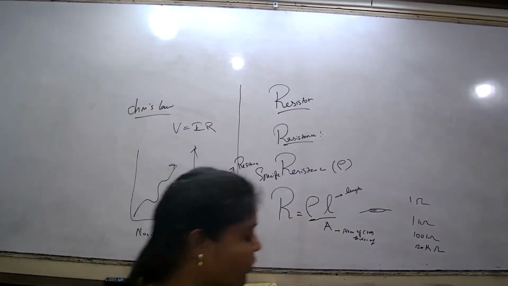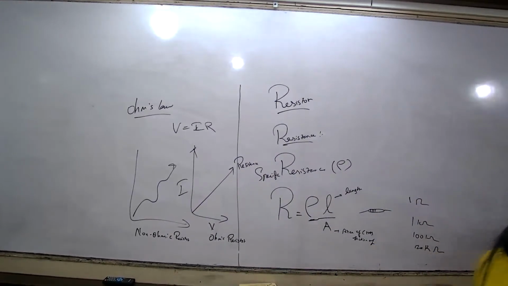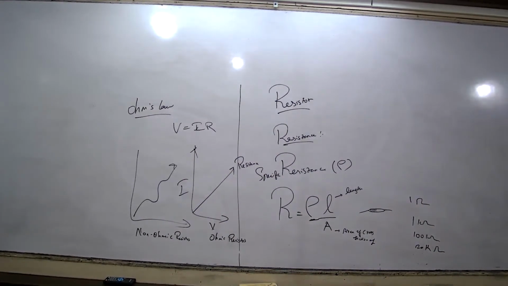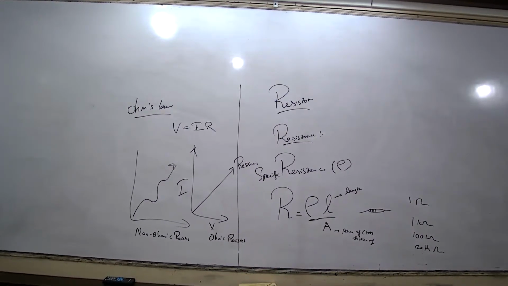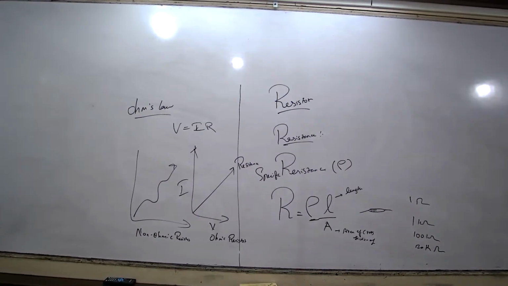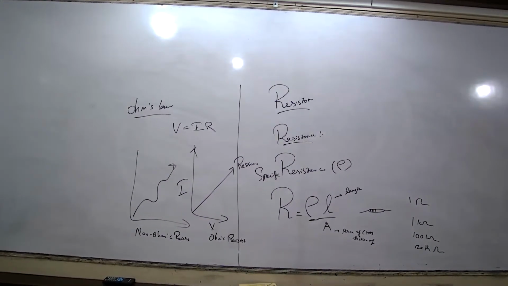What is the length of the conductor? I am taking this as a conductor. This is the length of the conductor. Area of the cross section is this. If they give you the radius, find the area of this and get the answer. You have to substitute that value in this formula and get the answer.